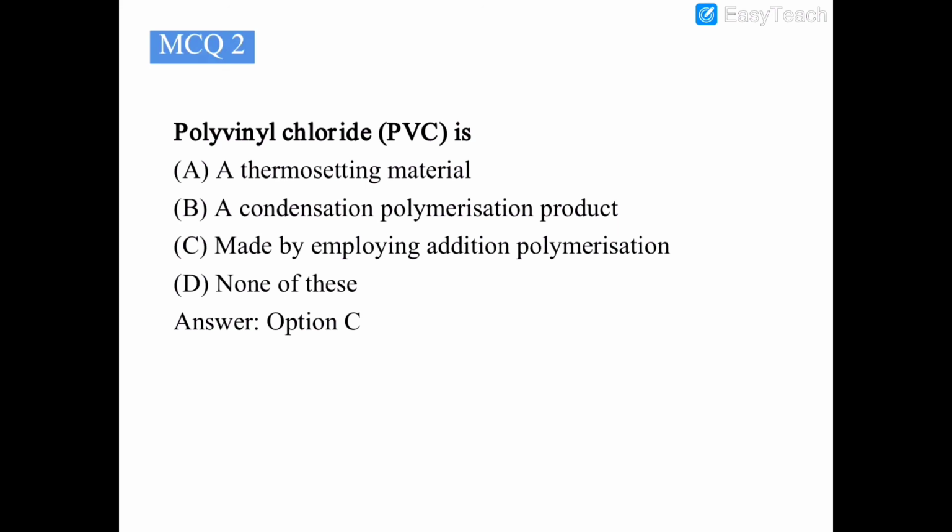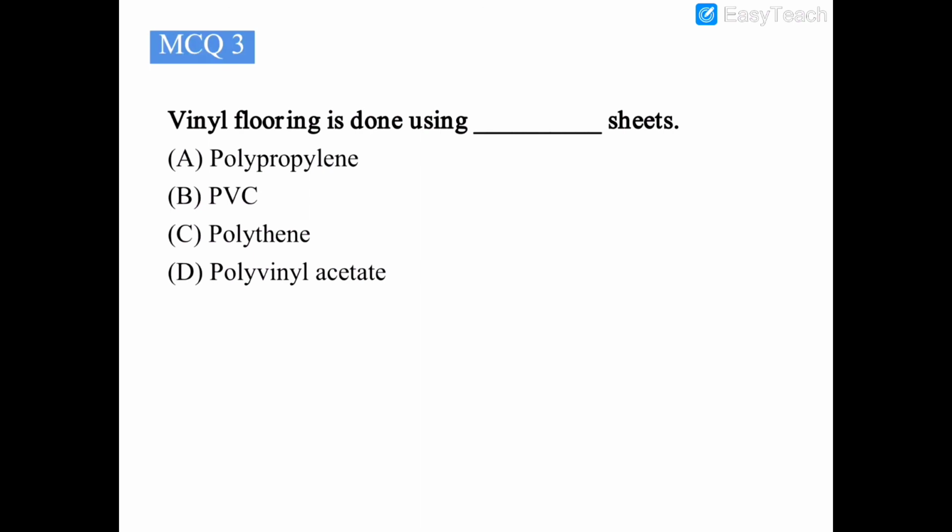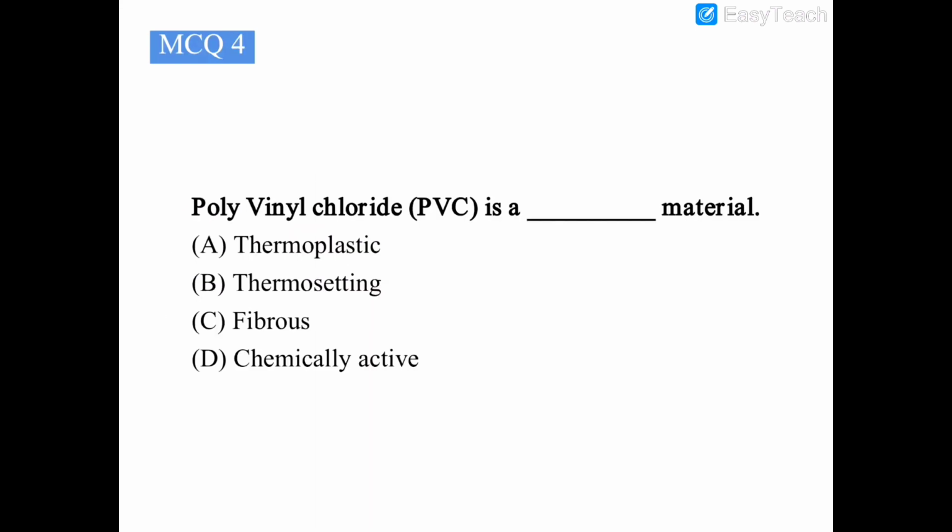We already studied that PVC is a thermoplastic and also an addition polymer. Then the third question: vinyl flooring is done by using dash sheets: polypropylene, PVC, polythene, polyvinyl acetate. The answer is option B, that is PVC.